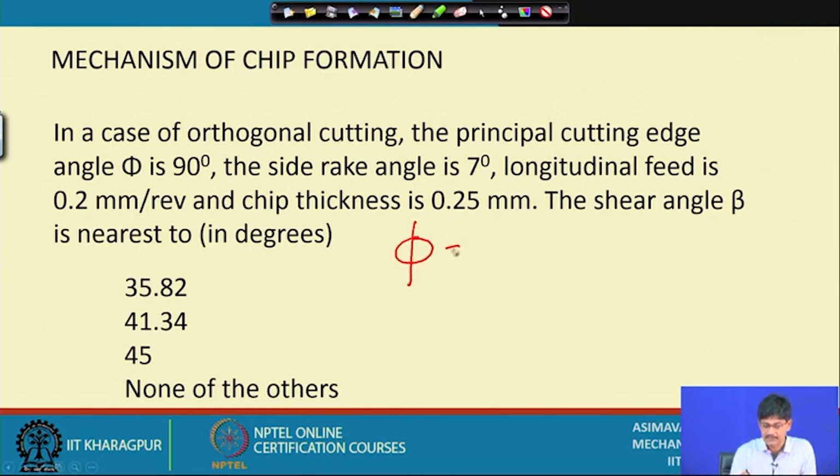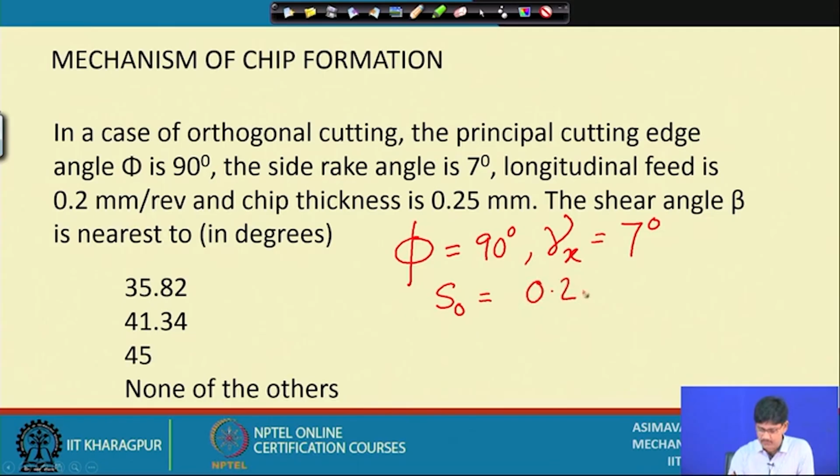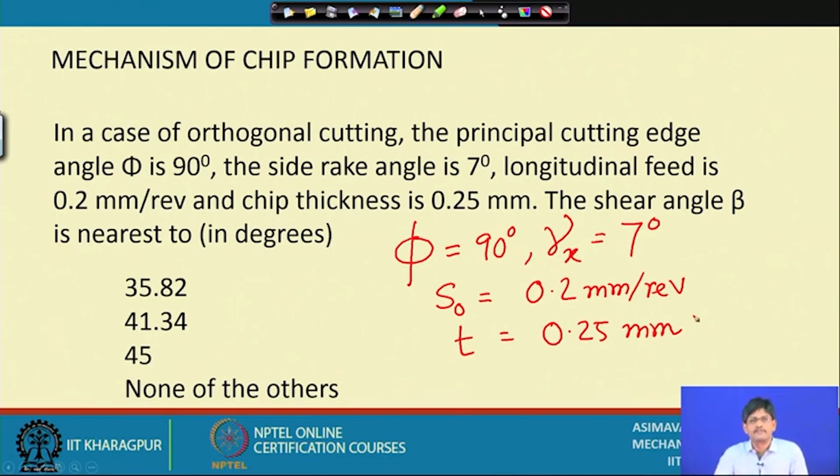It is given phi is equal to 90 degrees, gamma x is equal to 7 degrees, longitudinal feed S0 is equal to 0.2 millimeters per revolution of workpiece, and the chip thickness T happens to be 0.25 millimeters. The shear angle beta is nearest to, in degrees. So, we have to find out the value of the shear angle.